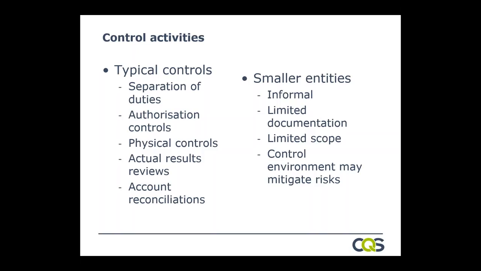But when you come to property, plant and equipment and you try to see what controls they have in place for the purchase of motor vehicles, you'll see that there actually are no controls because there are no motor vehicles, or there's only one motor vehicle. So it's not worth putting a control system in place. They never buy and sell motor vehicles, only once every year. So that's what I mean by limited scope. The controls may not cover everything that is covered in a big entity because it is simply not necessary.